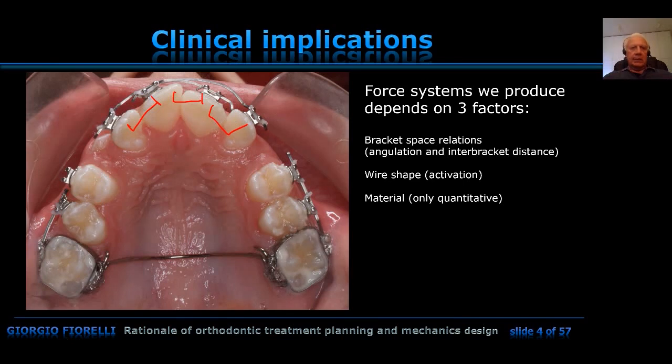So instead of having a continuous segment, I'm taking advantage of the geometries existing, but not between adjacent brackets, but we have a high geometry between the two laterals. And there is a high geometry between the two centrals. So we have two separate wires. One is here and one is here to fix the whole thing.